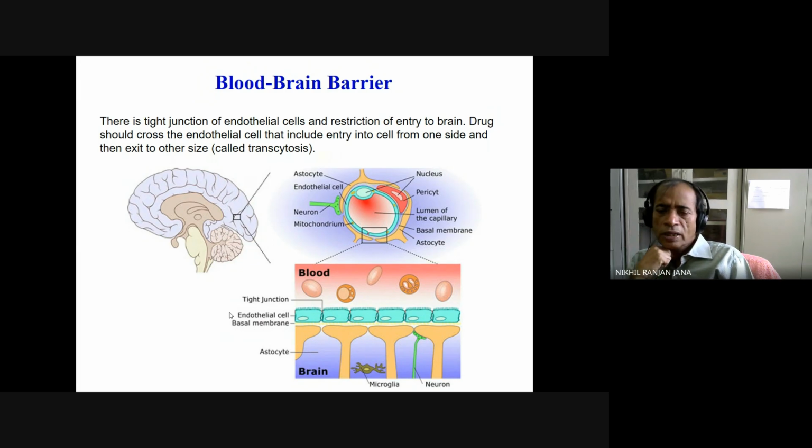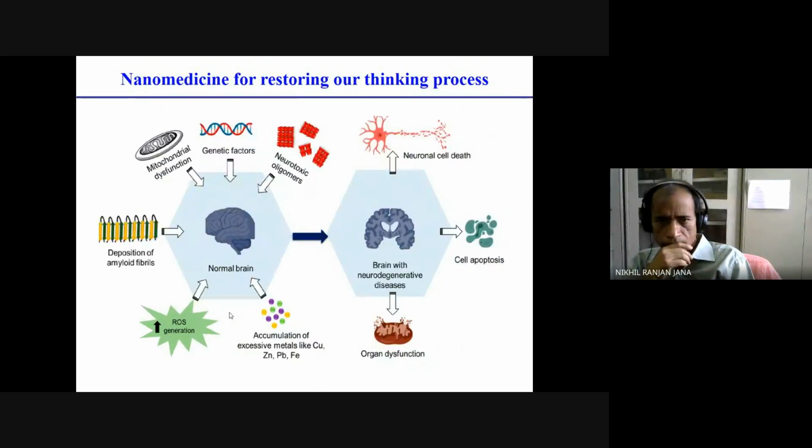If you want to deliver something into the brain, there are compact endothelial cell layers, and in addition to that, there are astrocytes. Those layers they have to overcome. So you have to design nanodrugs that can overcome those barriers if you want to deliver something into the brain, into neuron cells in the brain.